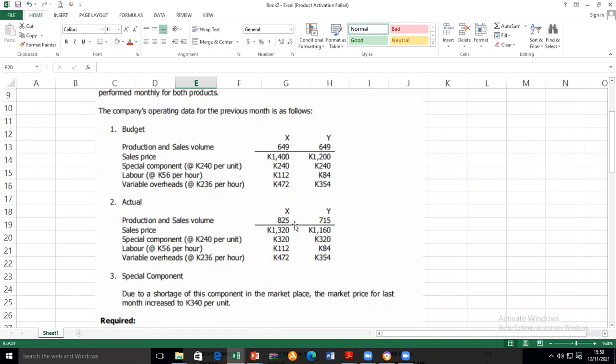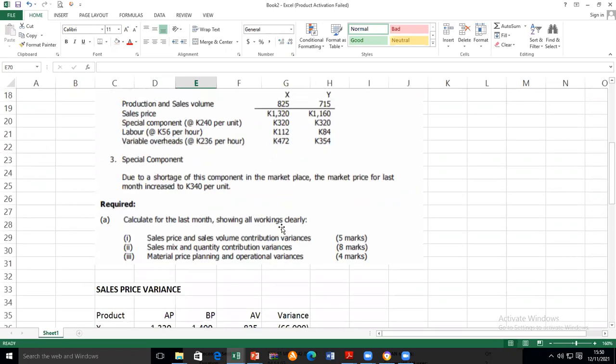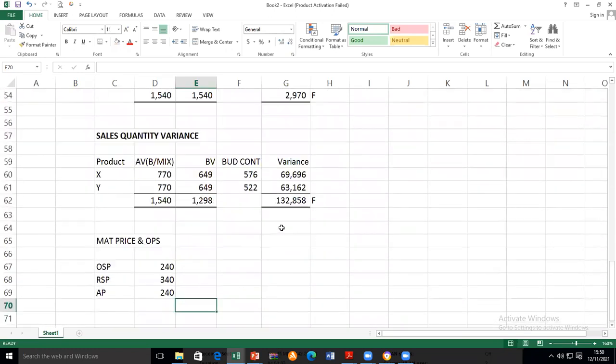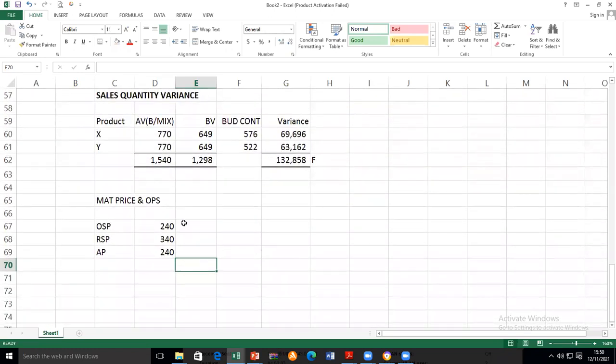Is it 825 units? It's 825 plus 715. So what's the total? 1540.